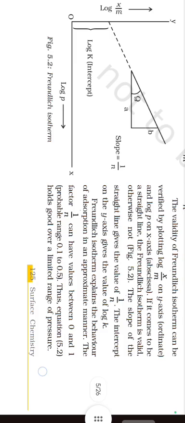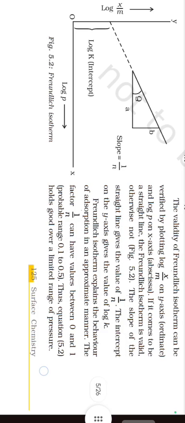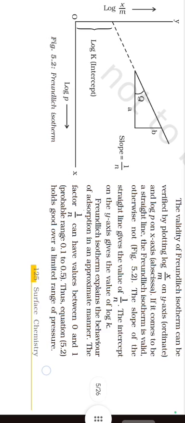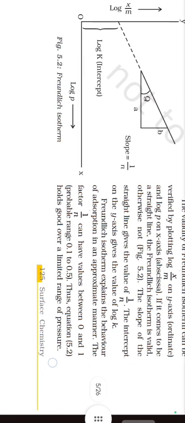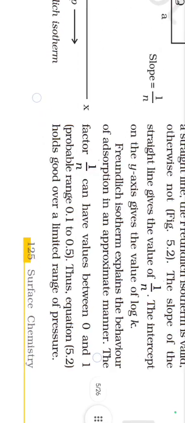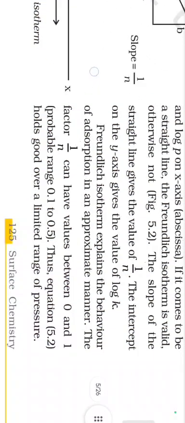If it comes to be a straight line, the Freundlich isotherm is valid, otherwise not. Figure 5.2. The slope of the straight line gives the value of 1/n. The intercept on the y-axis gives the value of log k.